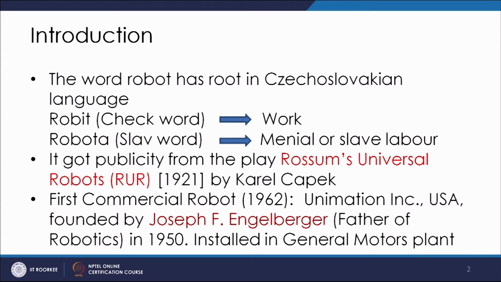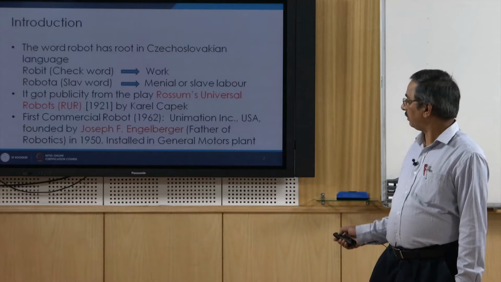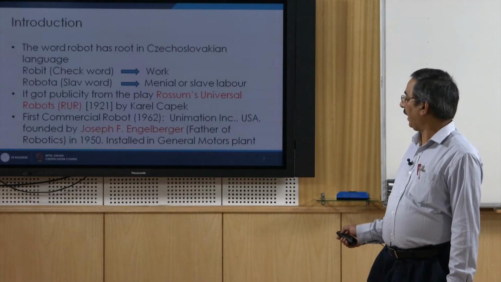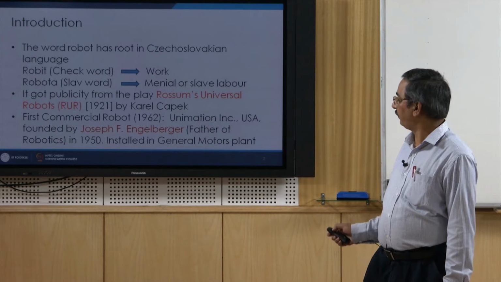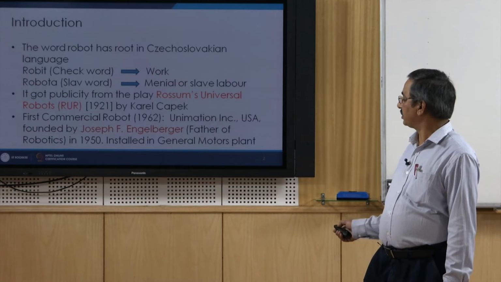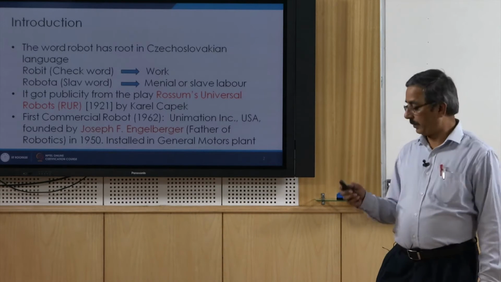It got publicity from the play Rossum's Universal Robots in 1921 by Karel Čapek, and the first commercial robot came in 1962, from the company founded by Joseph F. Engelberger, who is called the father of robotics, in 1950, and it was installed in the General Motors plant.